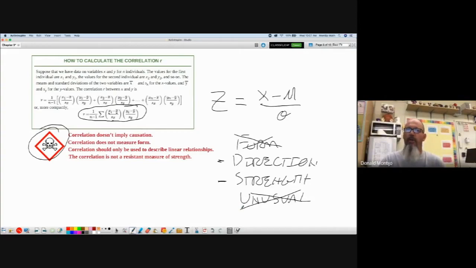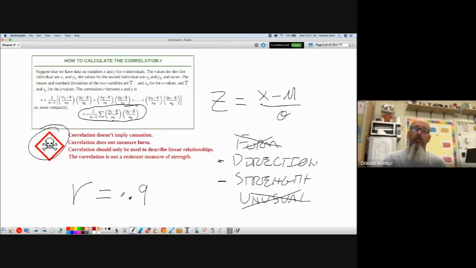So remember, correlation gives us 2 of the 4 things we need. It tells us the direction and the strength. So if I know that R equals 0.9, I can say, oh, it's positive because there's no negative sign in front. 0.9 means positive 0.9. And it's relatively strong because it's close to 1.